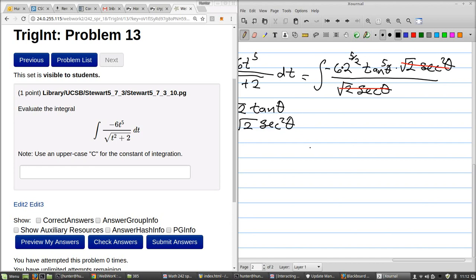So the integral becomes negative 6 times 2 to the 5 halves times tangent to the 5th theta times secant theta, and I forgot to write d theta up there, and also right here. Oh, this pad is starting to feel very scratchy.